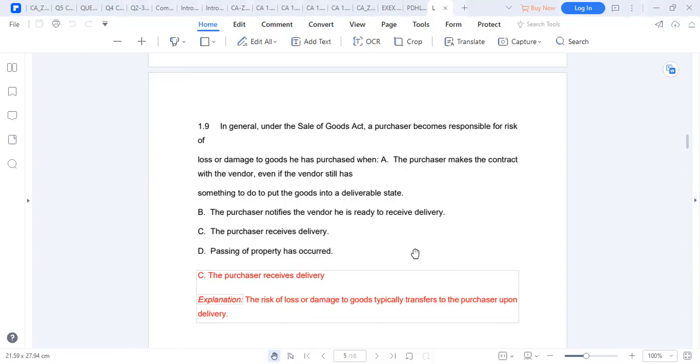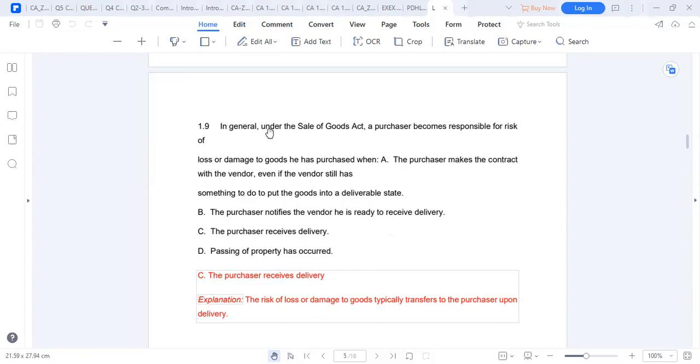I repeat, under the Sale of Goods Act, a purchaser becomes responsible for the risk of loss of goods that he has purchased when A, the purchaser makes a contract with the vendor, even if the vendor still has something to do with the goods to put them into a deliverable state, but B, if the purchaser notifies the vendor he's ready to receive the delivery, but C, if the purchaser receives delivery, then D, the passing of property has occurred.